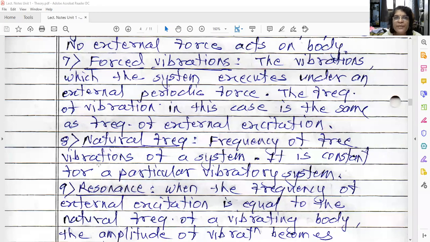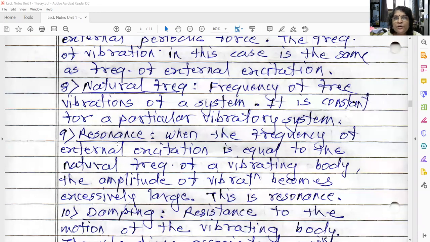Just now I told you that for free vibration, the associated frequency is the natural frequency. Okay. Now resonance. So when the frequency of external excitation is equal to the natural frequency of the vibrating body, it is known as the resonance condition. And at this condition, the amplitude of vibration becomes excessively large. So resonance can happen only in case of forced vibration.